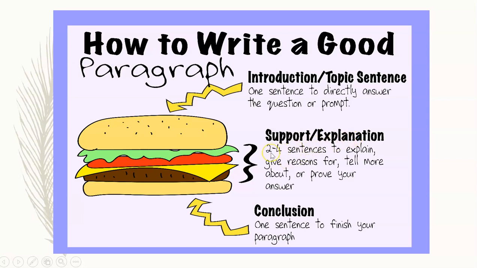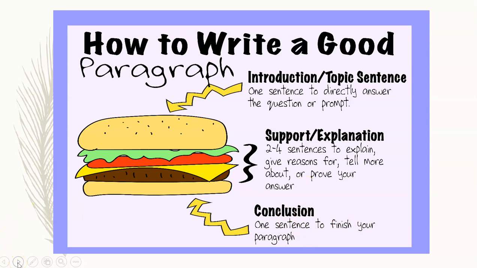It is 2 to 4 sentences to explain, give reasons for, tell more about, or prove your answer. And the third part of the paragraph is the bottom bun, which is the conclusion. It is one sentence to finish your paragraph.